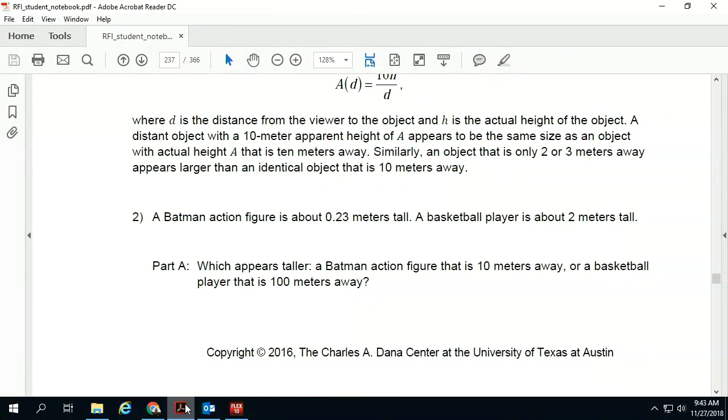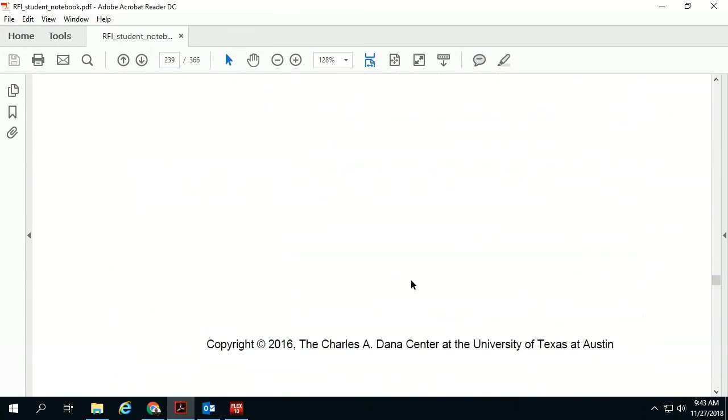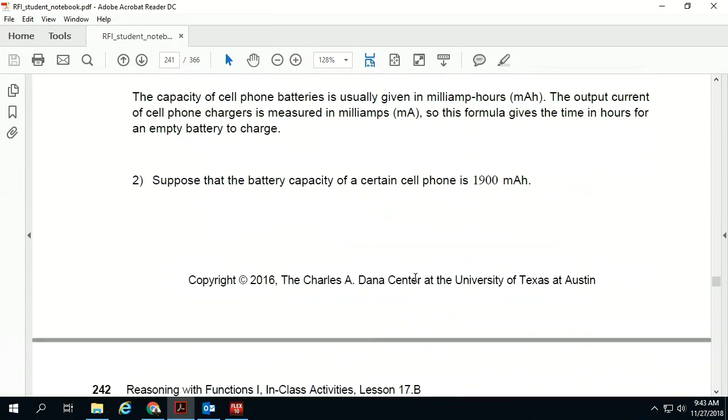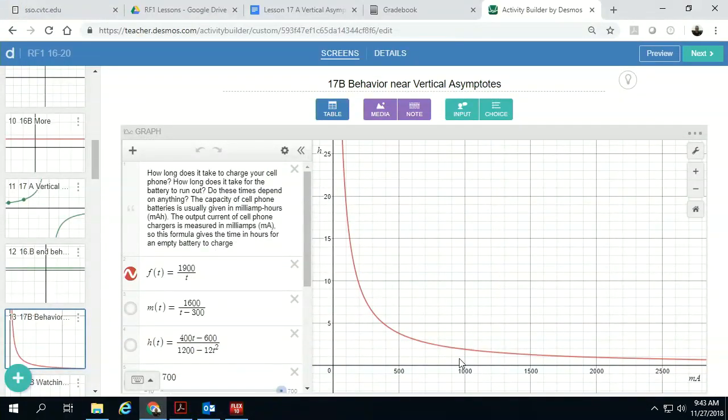A local electronics store sells several different phone chargers rated from 700 milliamps to 2100 milliamps.